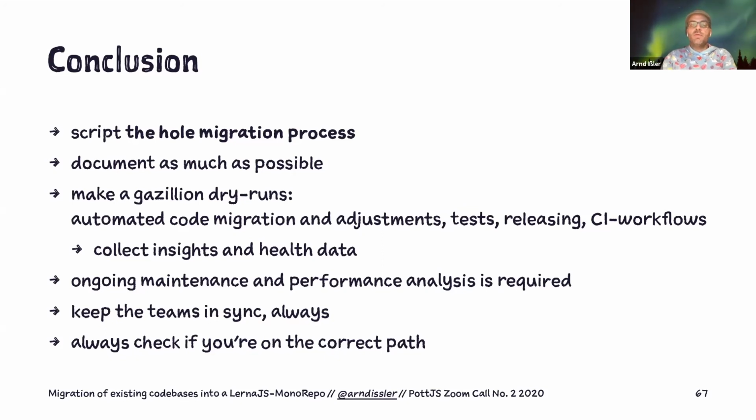Maybe monorepo is not the best solution. Then just cancel it. But the good thing is all the maintenance you've done in advance brings all your existing repositories into better shape. So there's profit for all, even if you don't go to a monorepo.